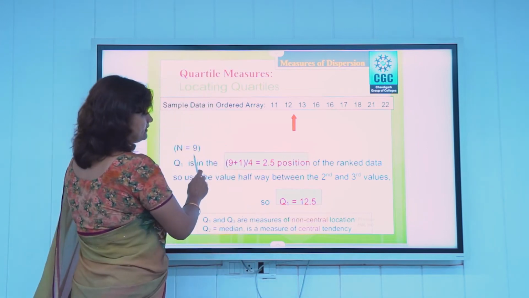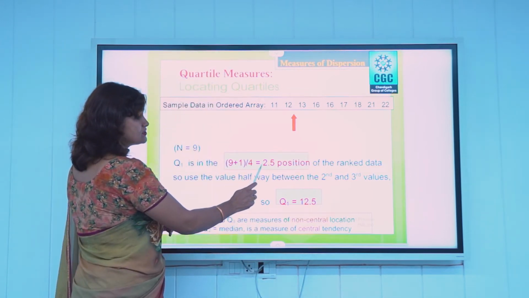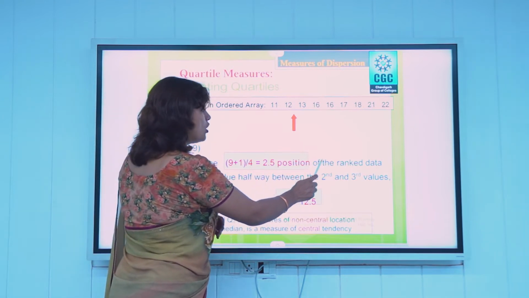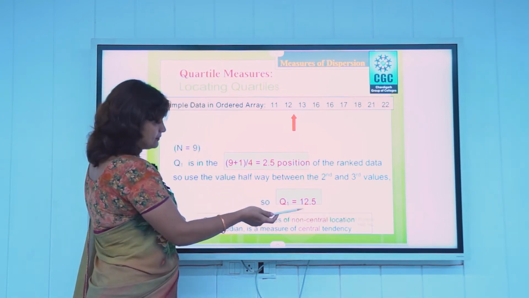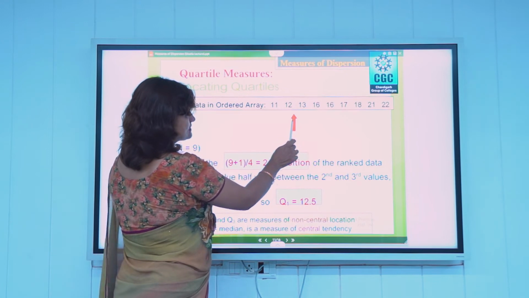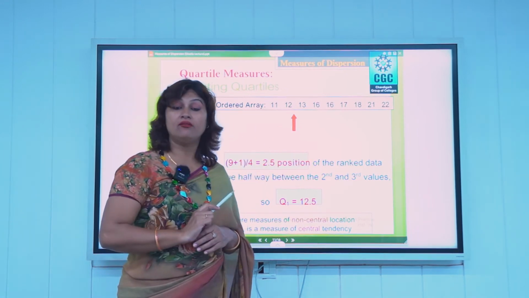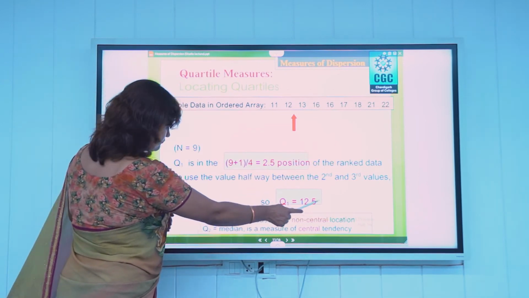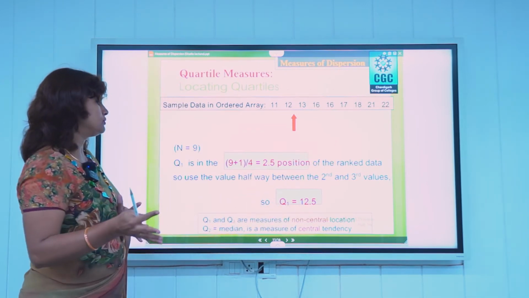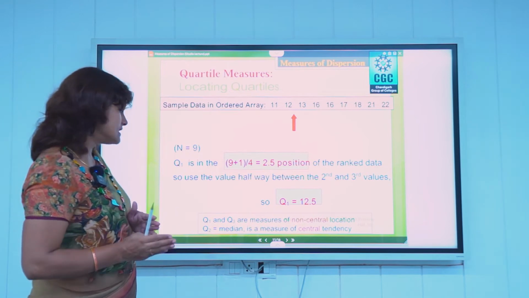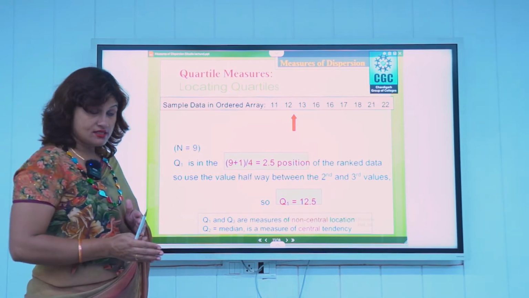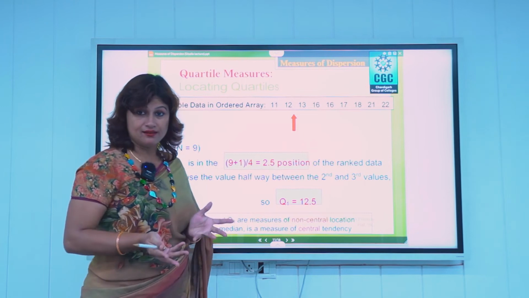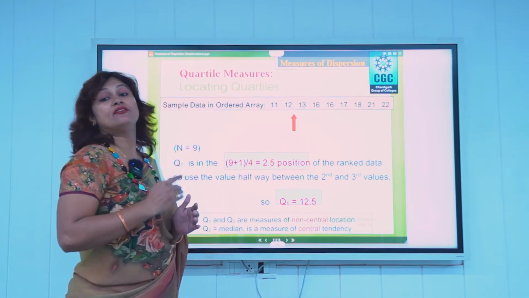So n is 9 here, 9 plus 1 upon 4, that means the 2.5 position of the ranked data. So our quartile lies somewhere between 12 and 13. What would that value be? That is 12.5, and thus Q1 and Q3 are measures of non-central location, whereas Q2, which is the median, is the measure of central tendency.